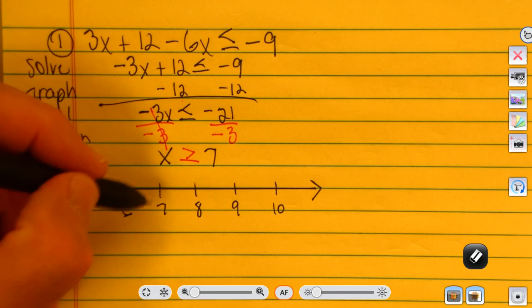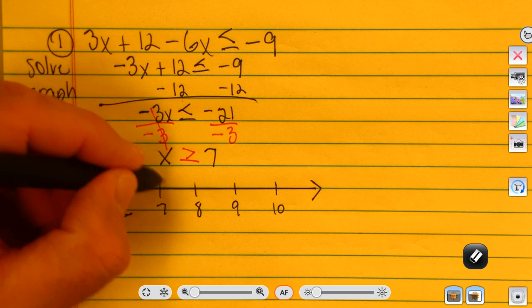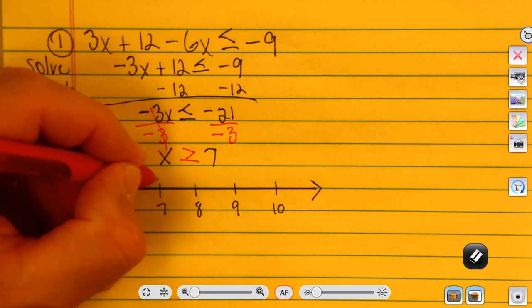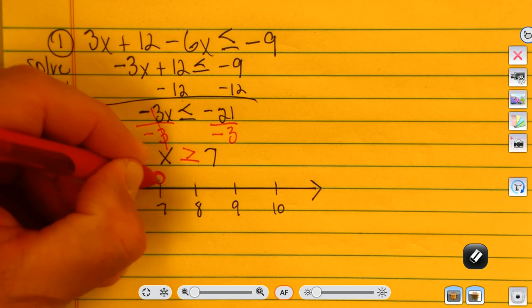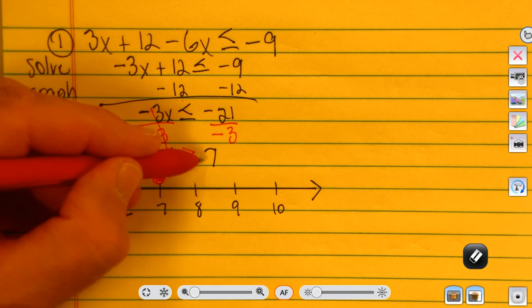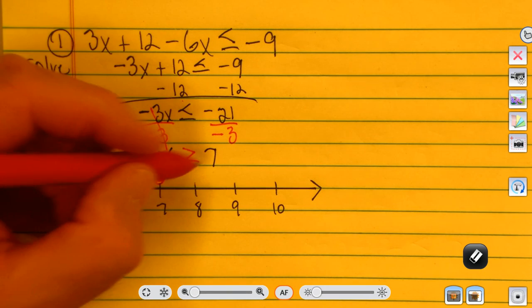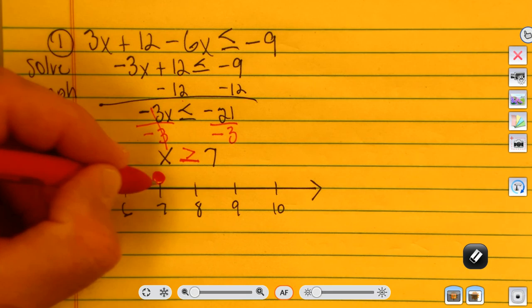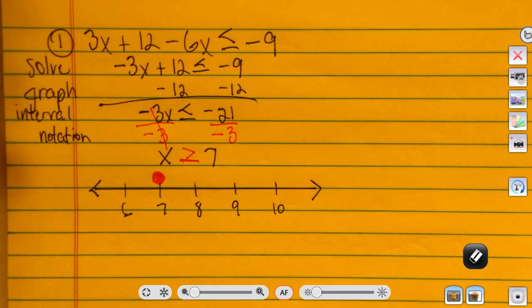And I'm going to put a closed dot on 7. Now, I'm putting a closed dot on 7 because it is greater than or equal to. If it didn't have the equal to portion of that, then I would put an open dot, one that's not filled in. And it says x is everything equal to or greater than 7.